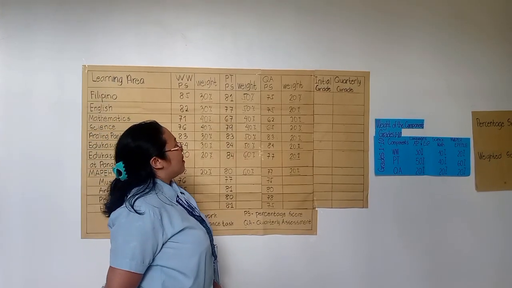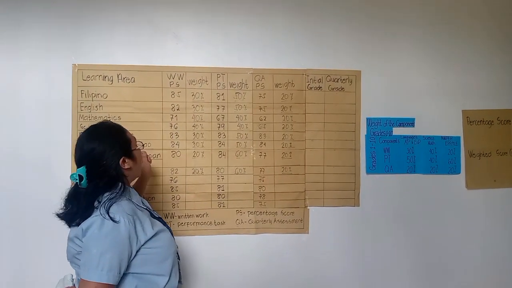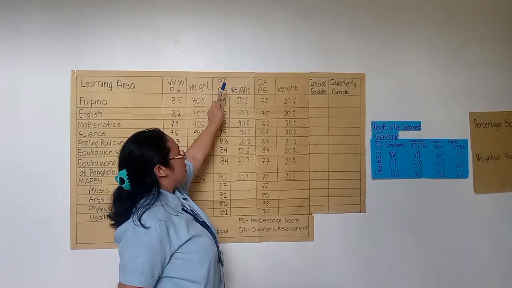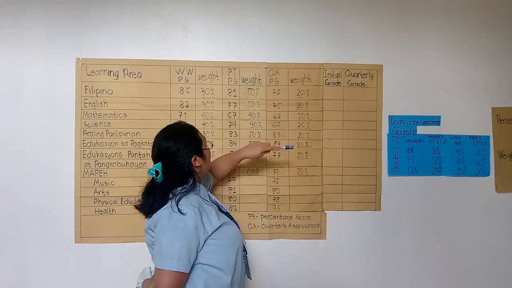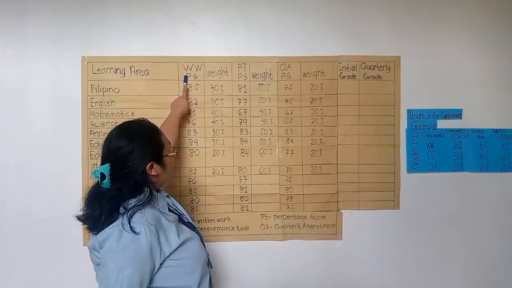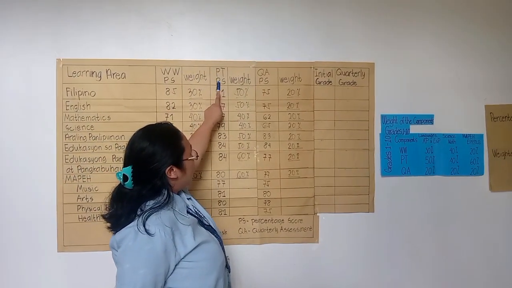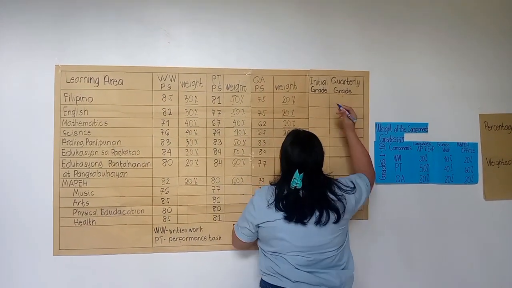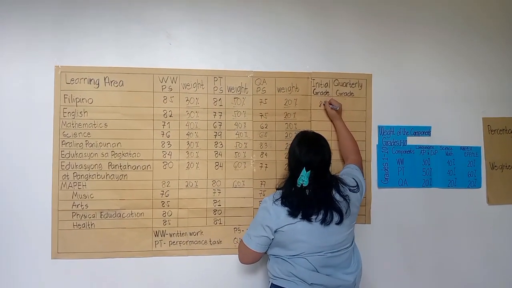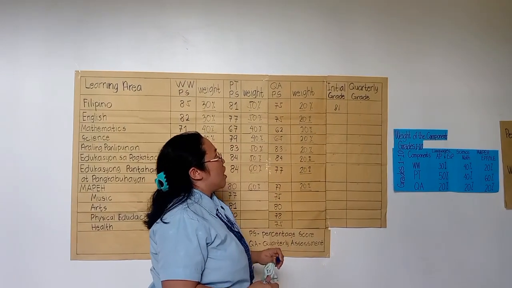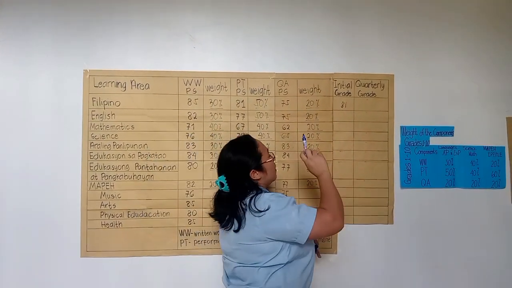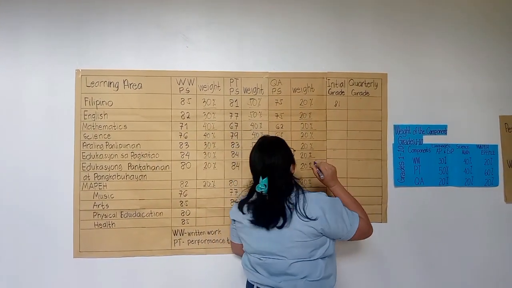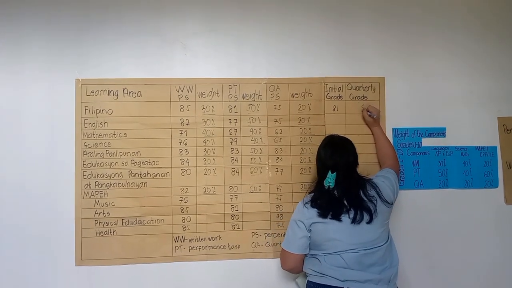In order to get the initial grade, we have to add written work, performance task, and quarterly assessment. So 25.5 plus 40.5 plus 15 equals 81. By using the transmutation table, the quarterly grade for Filipino is 88.